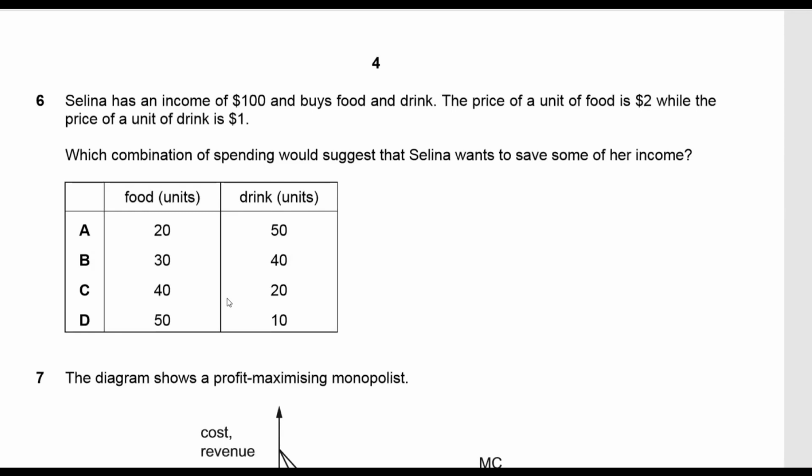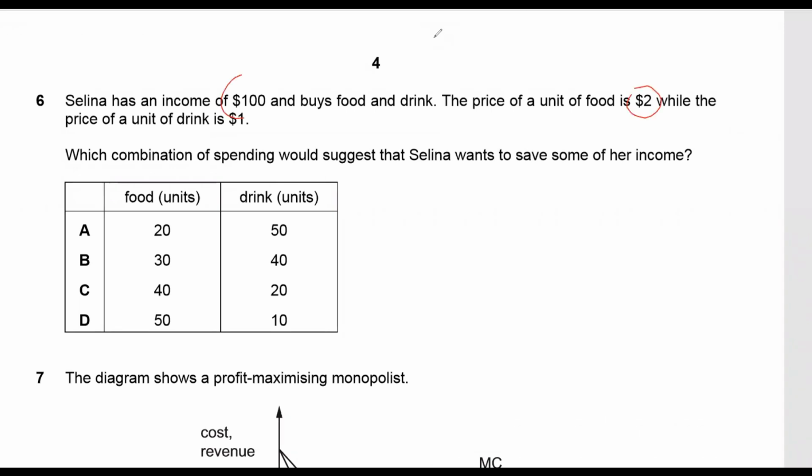Okay, in question number 6, examiner says that Selena has an income of $100, and which combination of spending would suggest that Selena wants to save some of her income? So we can see by multiplying price into quantity.